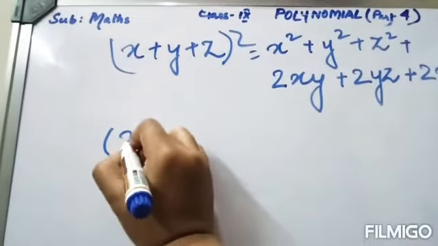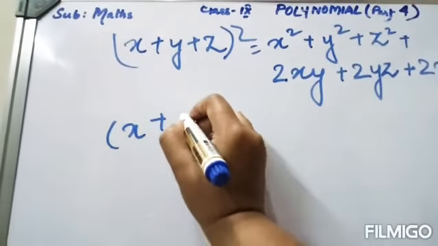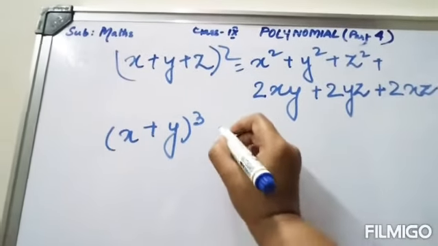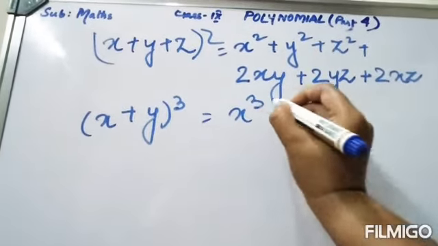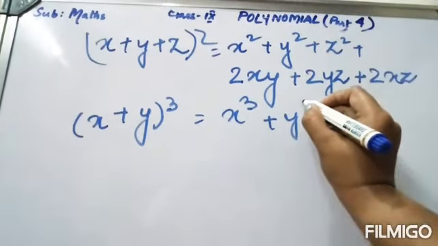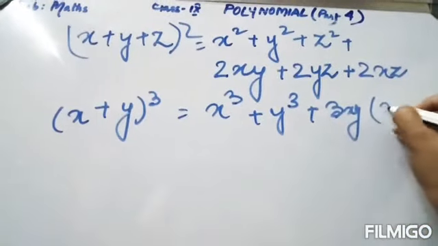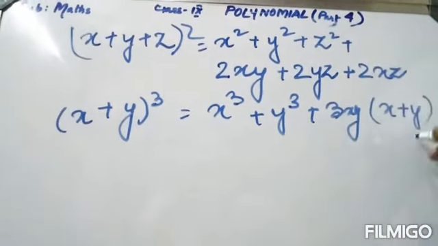Another identity we have is x plus y whole cube. x plus y whole cube means what? We all know x cube plus y cube plus 3xy into x plus y.